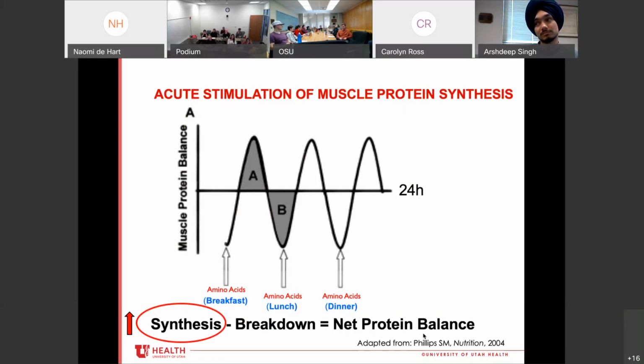What's the question? Sorry. You said 20 was the maximal, which I assume means once you take more than 20, you don't get any increase. But if you consume it in the form of cheese, which is a much slower release, do you think that if you had 30 grams, you would actually get a positive benefit from that extra 10 grams?